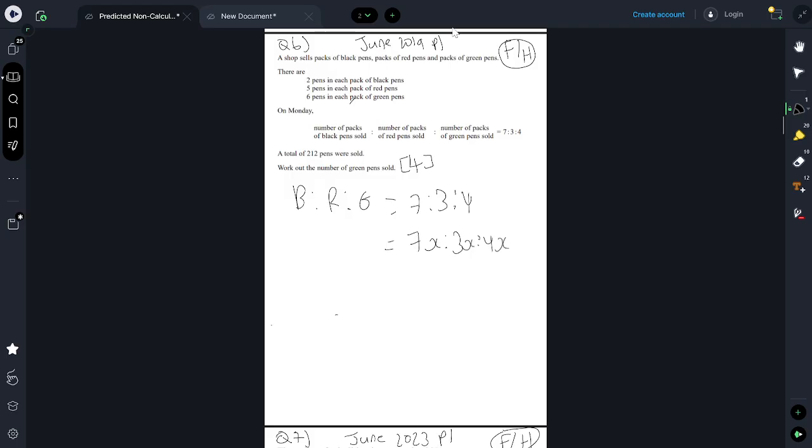We pick an x such that the number of black packs is 7x, the number of red packs is 3x, and the number of green packs is 4x.